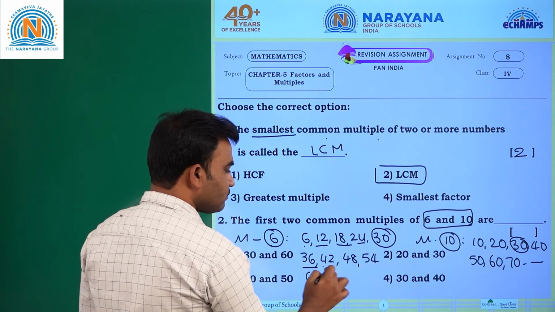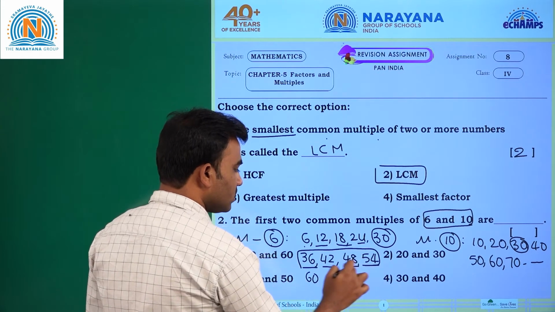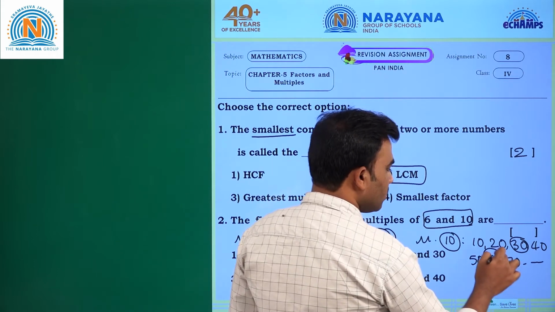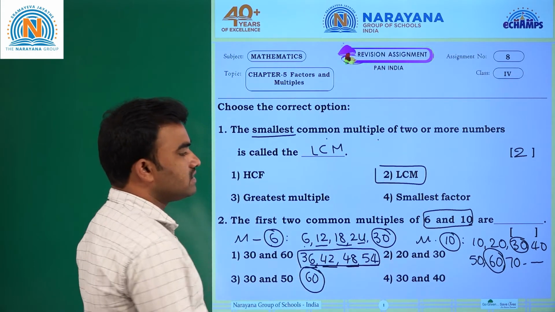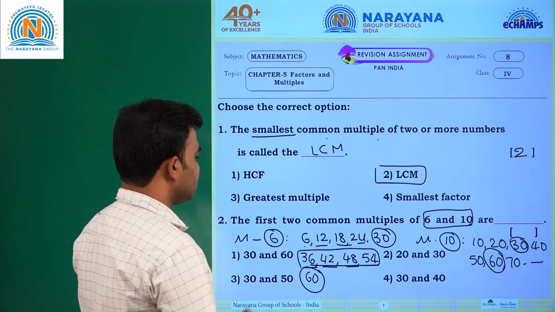Next 36, 42, 48, 54. No, these are all not there. Next, 60 is the common multiple of 6 and 10. So our answer is 30 and 60.